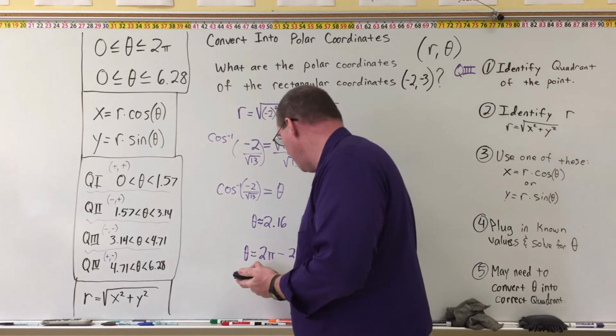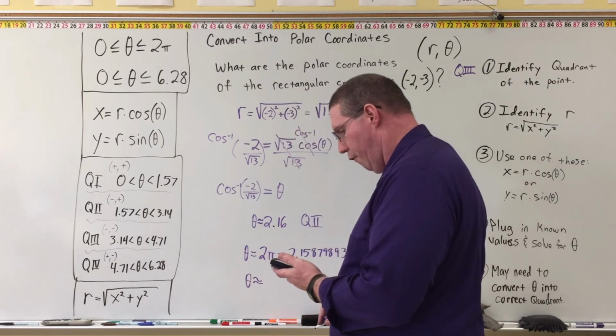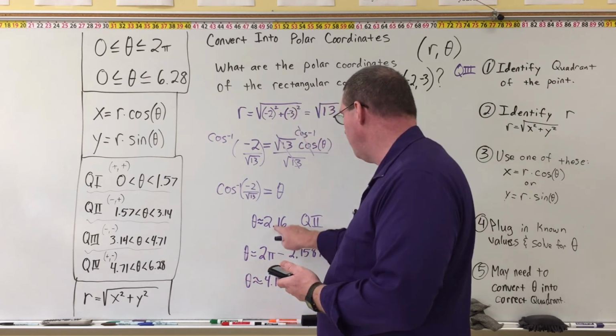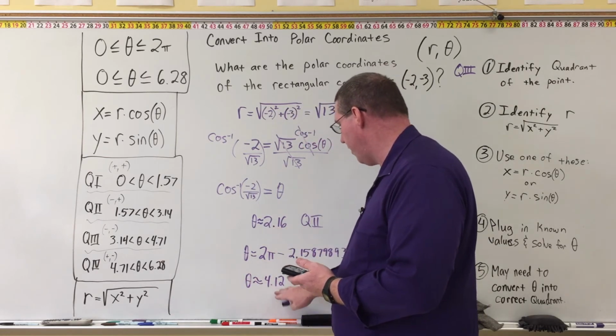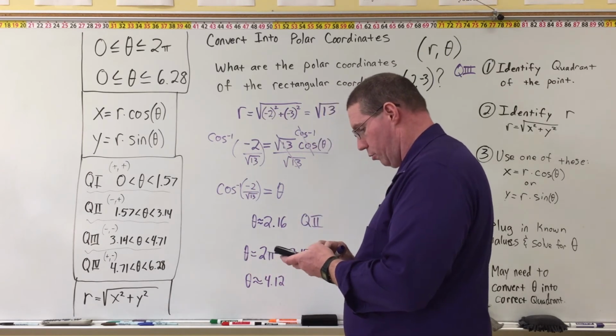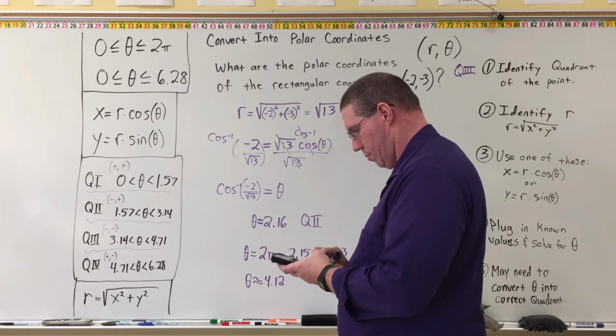Okay? So we're going to go 2 pi minus this number right here, which is already stored in my calculator, and that gives me theta is approximately equal to 4.12. Now, it's possible that doing 2 pi minus this number still would have given us 4.12, but it also might not. So let's go 2 pi minus 2.16.